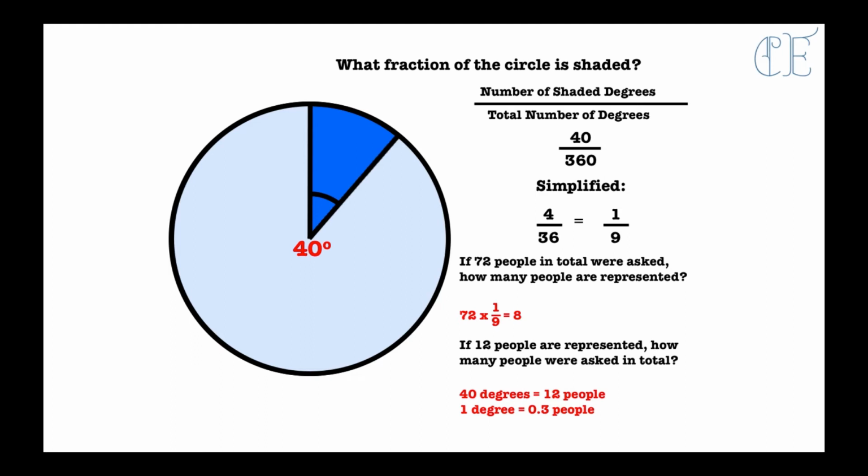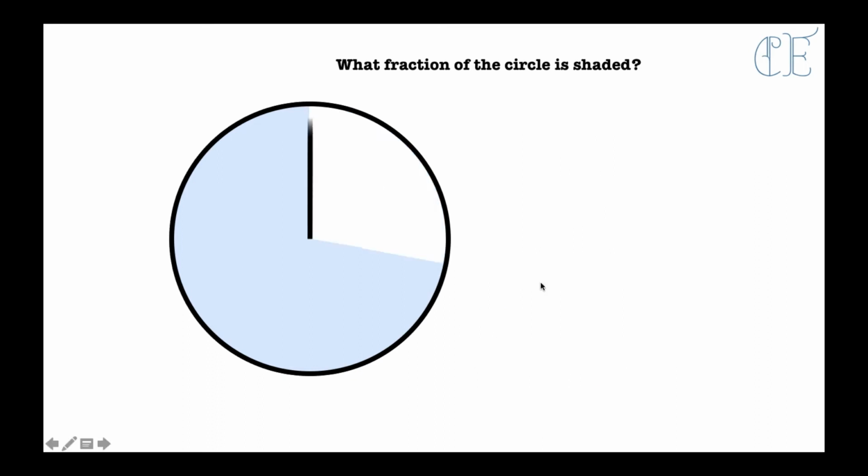It's just the quickest way to get it down to 1 degree. So 40 degrees is 12 people, divide by 40, 1 degree means 0.3 people, so then we just times that by 360, and 0.3 times 360 is 108 people, okay? So you just divide by 40 and times by 360.